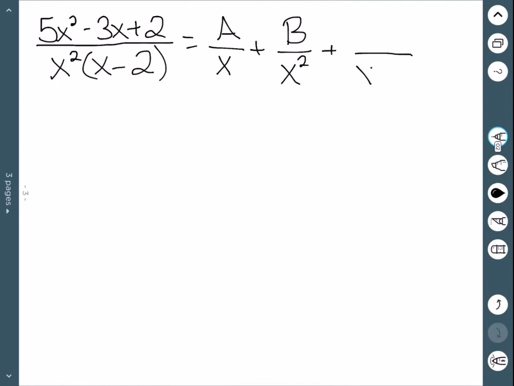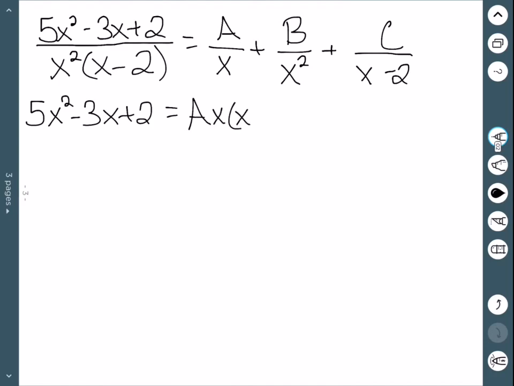I also have a fraction for the x minus 2. This time I have 3 variables. If I multiply both sides by the denominator, the left is 5x squared minus 3x plus 2, and on the right, I'm left with A(x minus 2) plus B times (x minus 2) plus Cx squared.